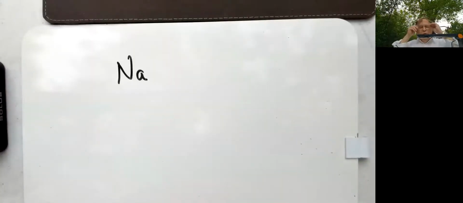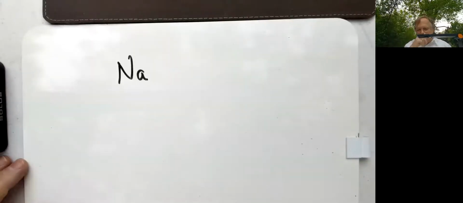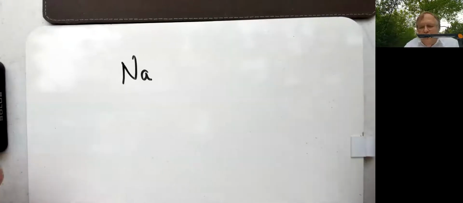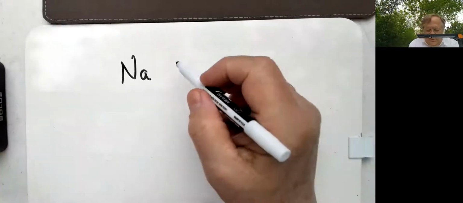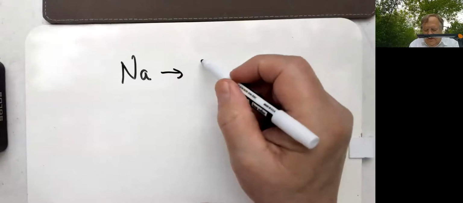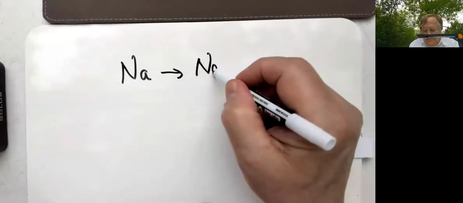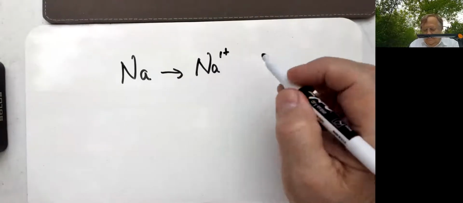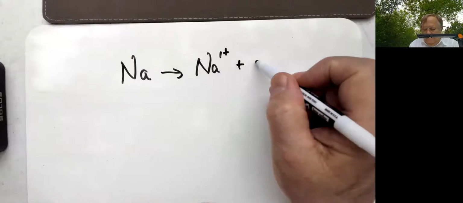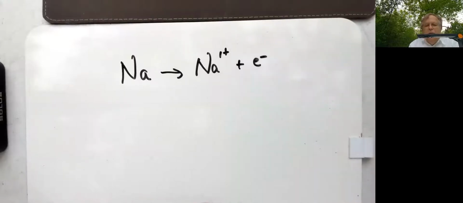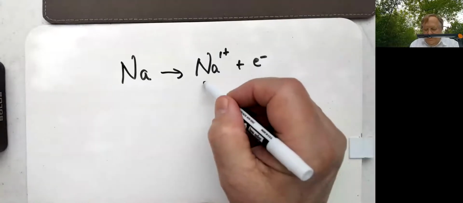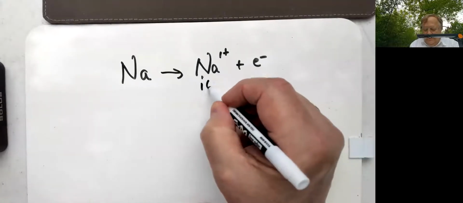All right, so there's sodium. We said it loses one electron. And no, we're not going to go back through all of that stuff again, but when it loses that electron, it becomes an ion, a positive ion.